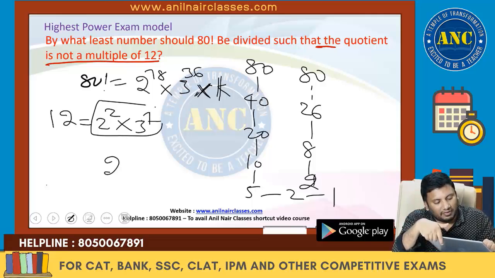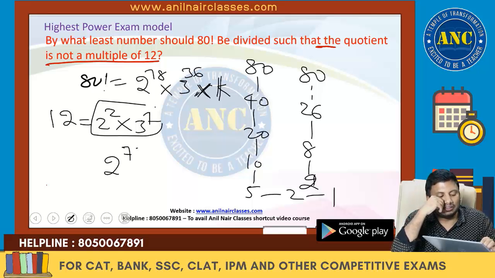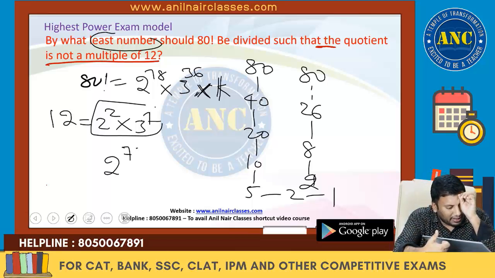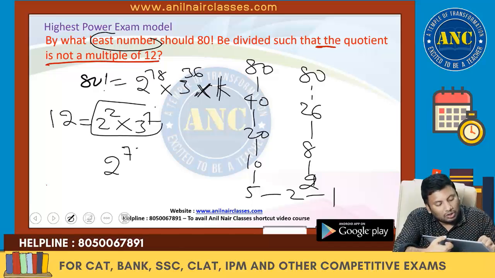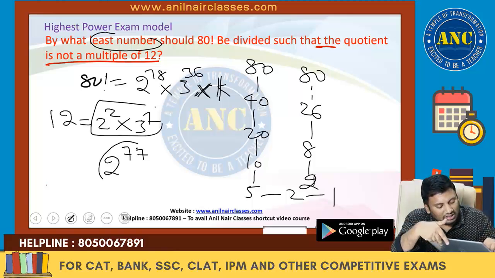So it can be divided by 2 power 77. 2 power 78 by 2 power 77 gives 2, which is not divisible. This is one such number.